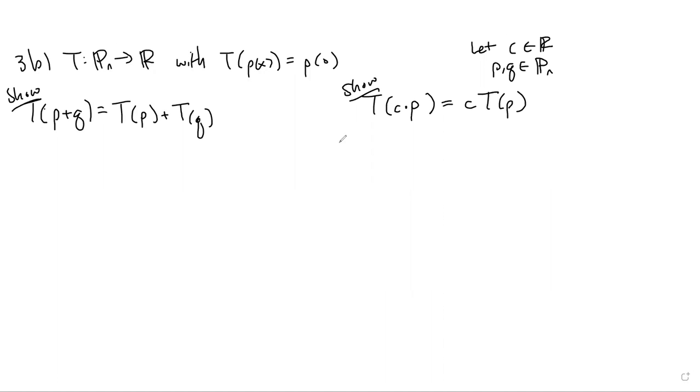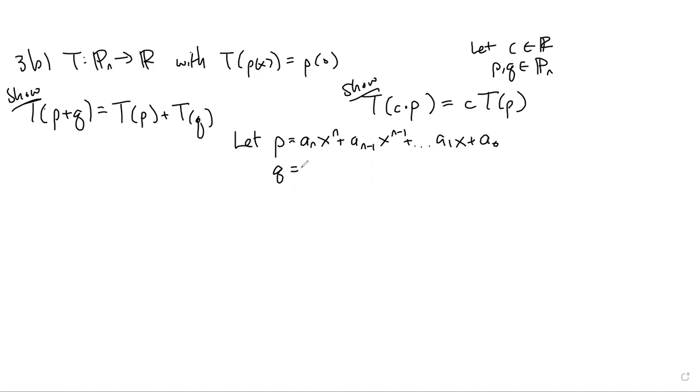So since p and q are going to be in this polynomial space, what we could do is just sort of define them. So I'm going to let p be an arbitrarily defined polynomial in here. So it'll be a_n x to the n, a_(n-1) x to the n minus 1, that's just some polynomial, a_1 x plus a_0.